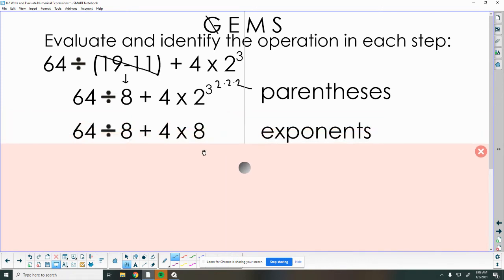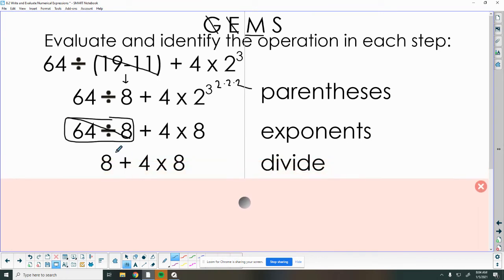So that next step looks like, so 2 cubed is 8. So I bring everything else down, and I just did the exponents. So now we have no more exponents. So we're looking for multiply and divide left to right. So coming here is our first one. So go ahead and do that part of the problem and label what did you do. So 64 divided by 8 is 8 plus 4 times 8.